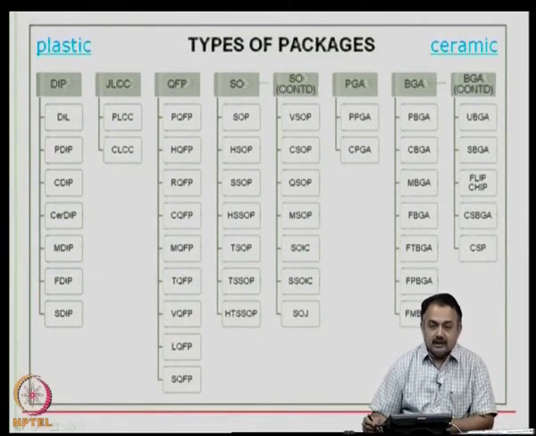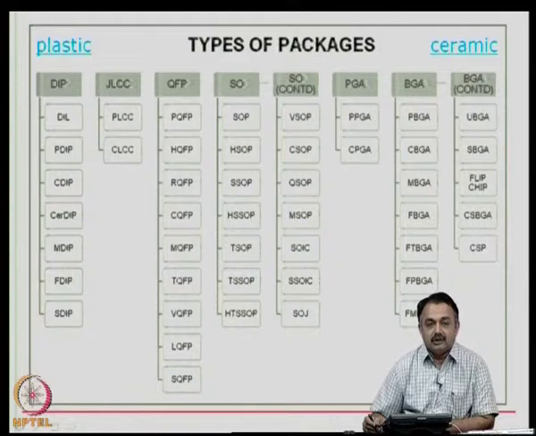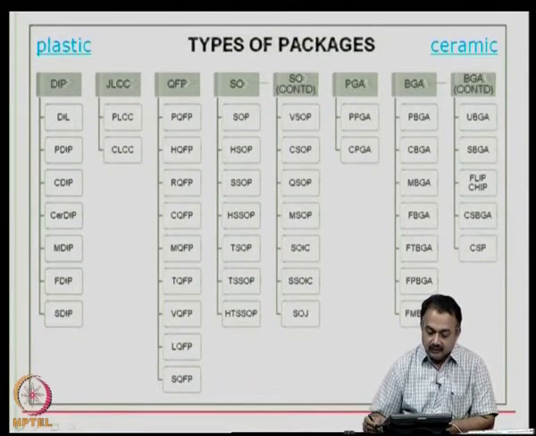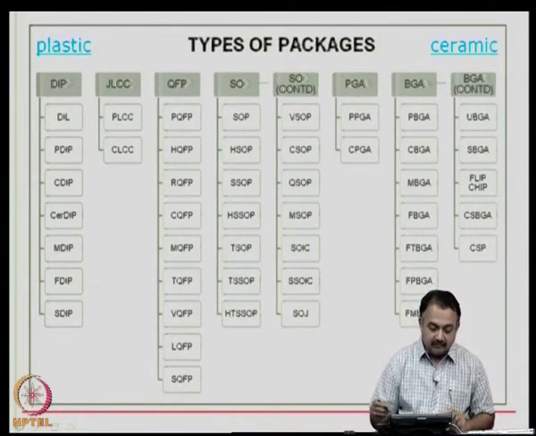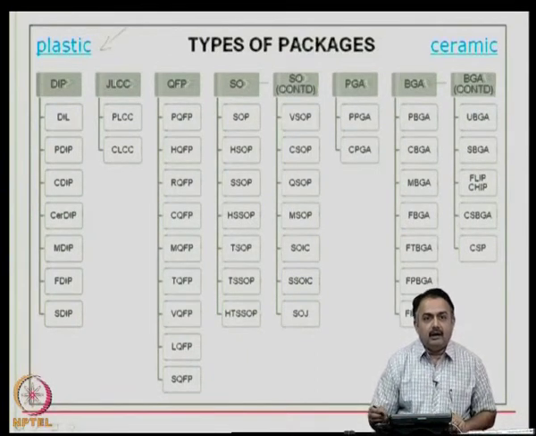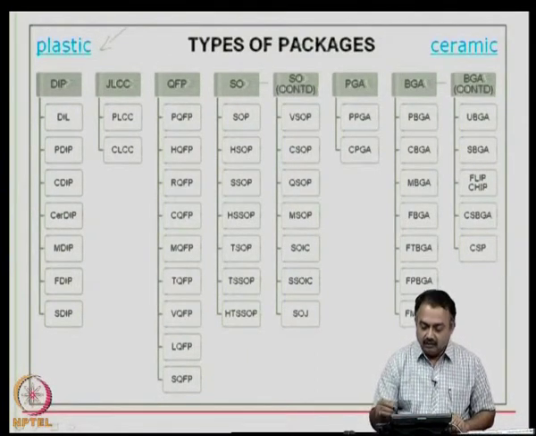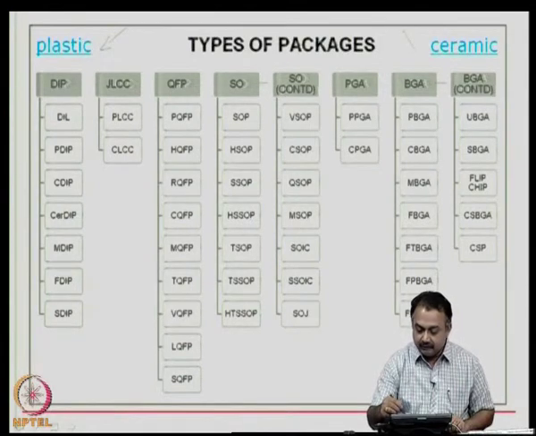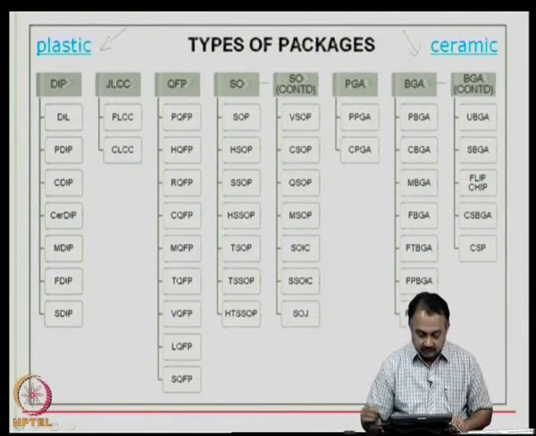This particular slide is very exhaustive in the sense that it lists the complete set of packages, in different formats, in different classifications. At the top I have written that basically packages can be made out of plastic or it can be ceramic.